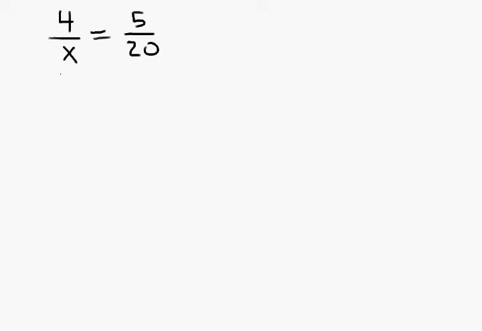What if this was just some number? We could multiply and undo it. And remember, a solution always has the form x is equal to, or variable is equal to. So this is what we want. So we need to get this guy out of the denominator.